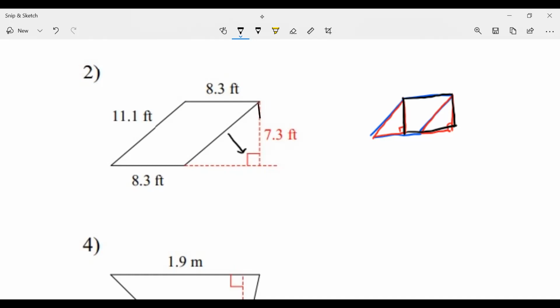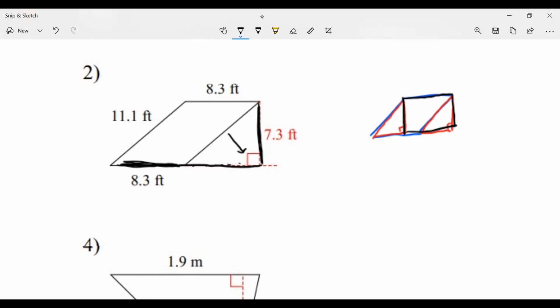One of the numbers is 7.3. The other number is 8.3. I know 8.3 is here, but this dotted line means if I was to extend it just to see the 90-degree angle, it will reach. So I'm going to multiply 7.3 times 8.3.